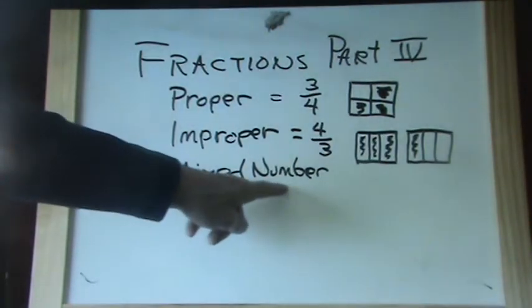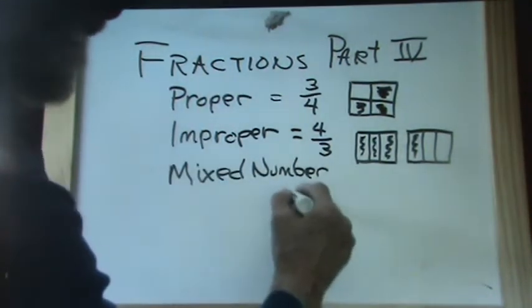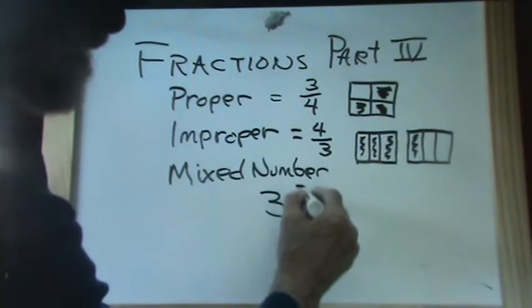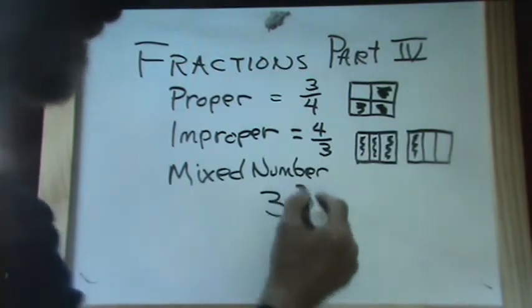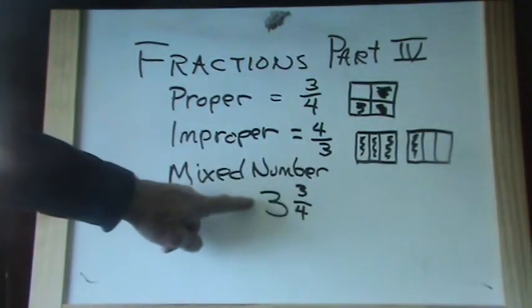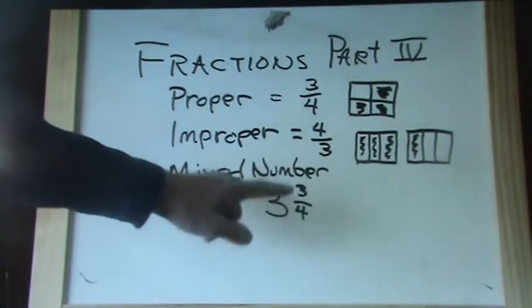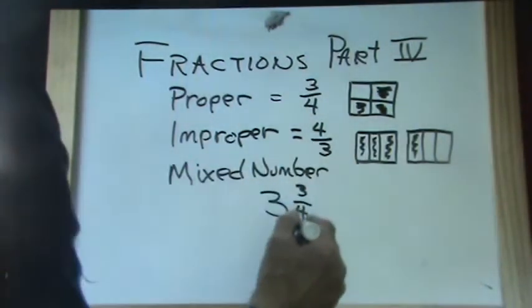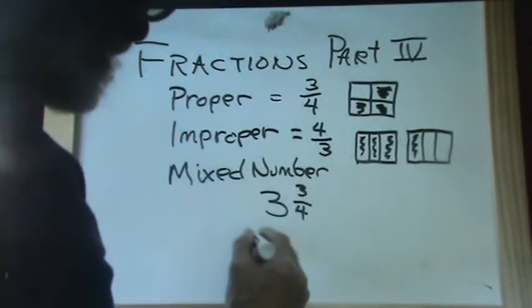Then we had mixed numbers, and the mixed number would be like a whole number and a fraction. That's a mixed number. And actually, if I were to draw this one, it would look like this.